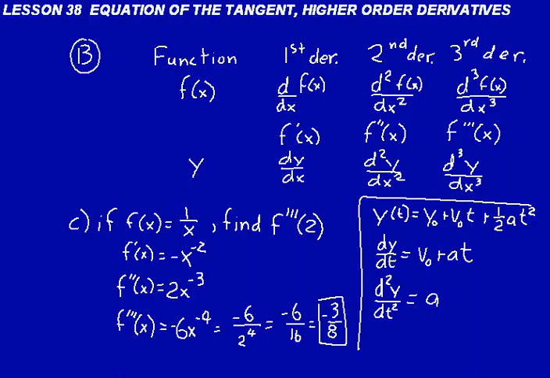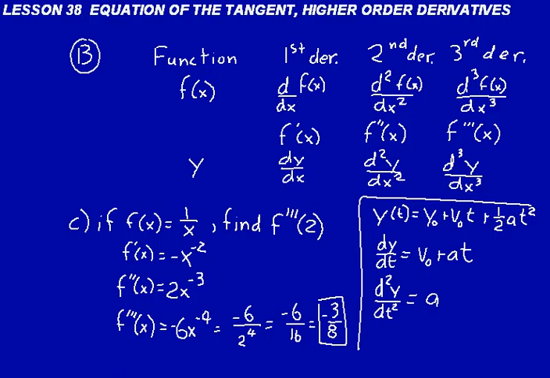First derivative gives you a rate of change. Second derivative gives you a change in the rate of change. That's what acceleration is, the change in velocity over time. The third derivative would give you the change in the acceleration. Now, that sounds kind of weird, but that's really what it is.